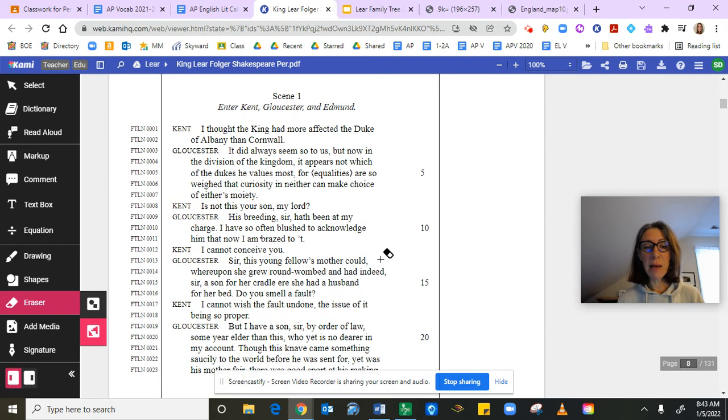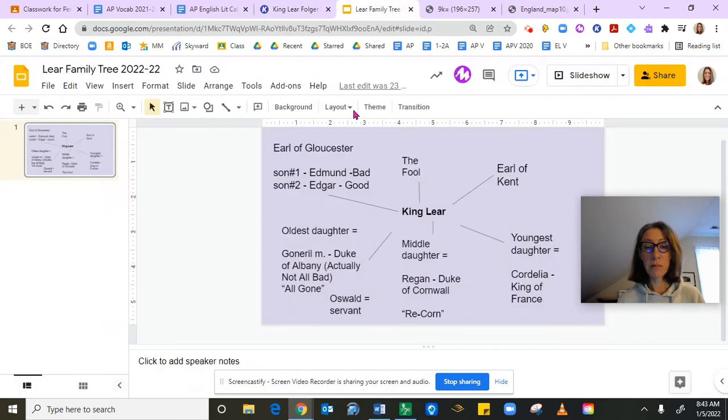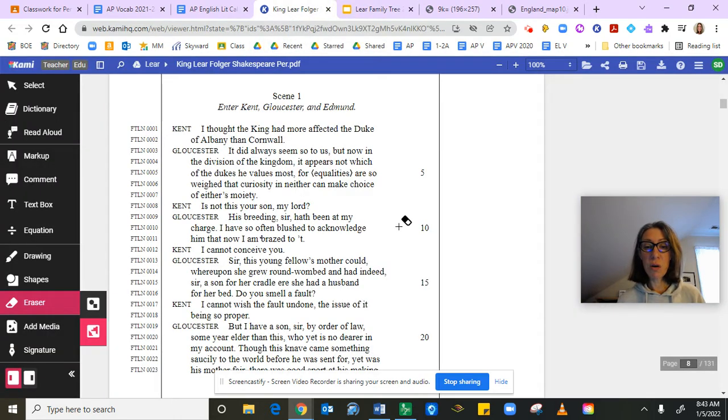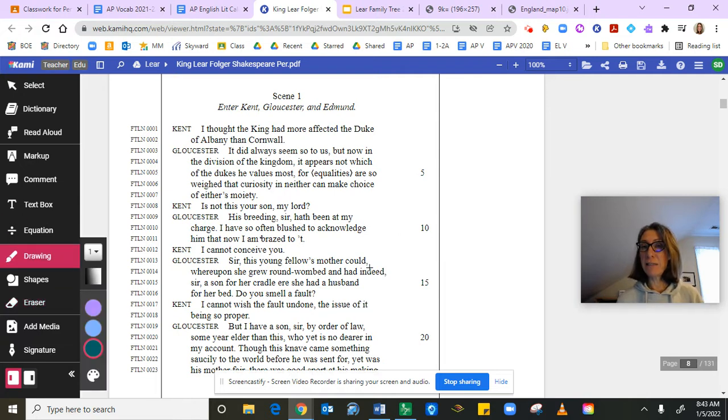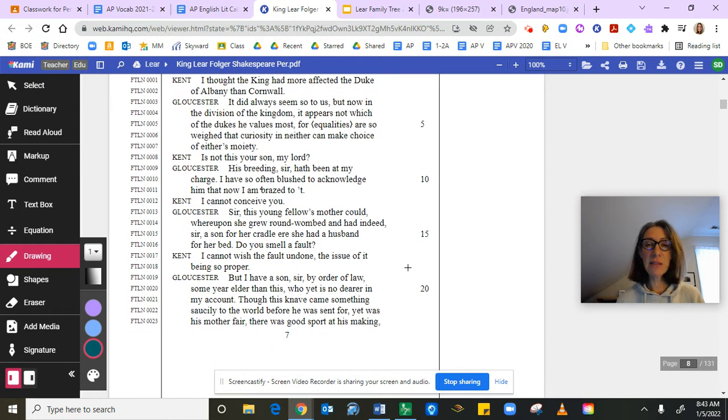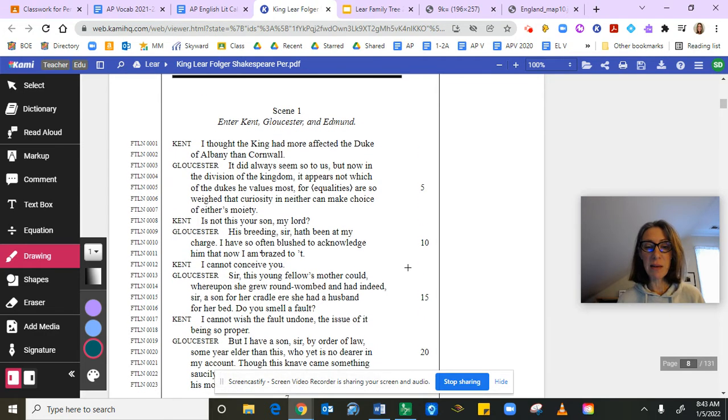And they're talking about Edmund, one of Gloucester's sons, who apparently has been gone for a while, and now he's back. So they make light of the fact that Edmund was born out of wedlock, that Gloucester and his mother were not married when he was conceived. And they make somewhat bawdy jokes about this, especially Gloucester.